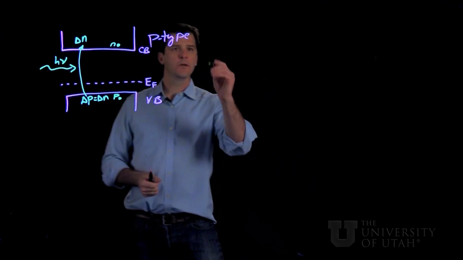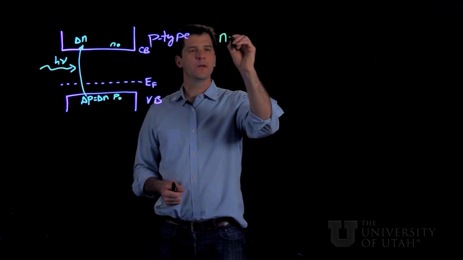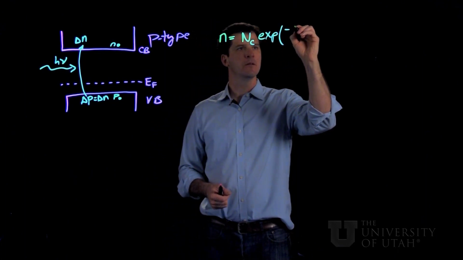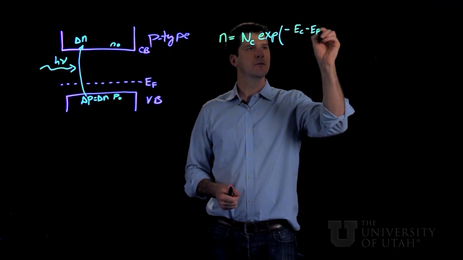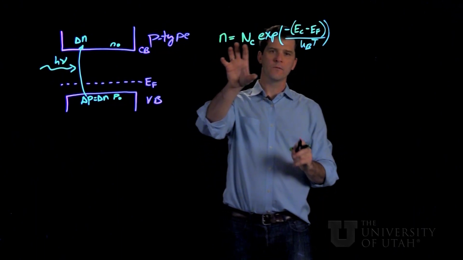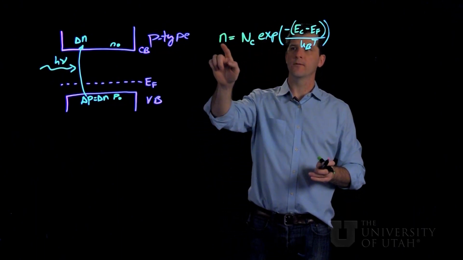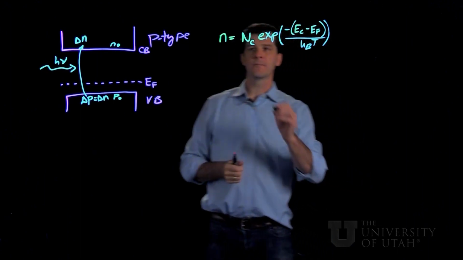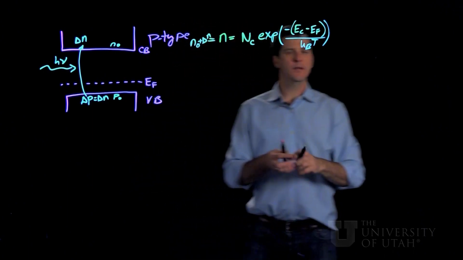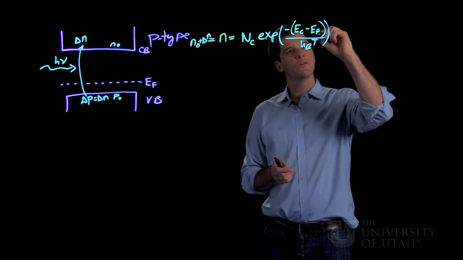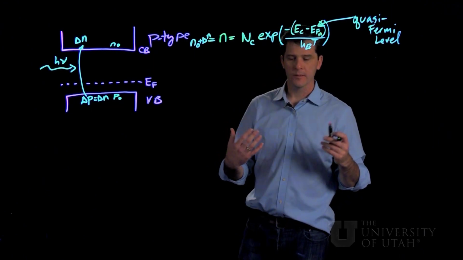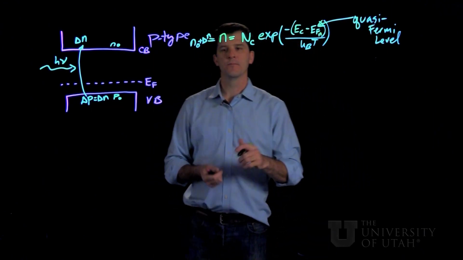And so if we want to still be able to write equations like n equals Nc exponential to the negative (Ec minus EF) over kBT, these ancillary variables, which are the exponential transform of the hole and electron density, we can still do that, but we have to define now a new quantity called the quasi-Fermi level. So the quasi-Fermi level pertains to situations out of thermal equilibrium.